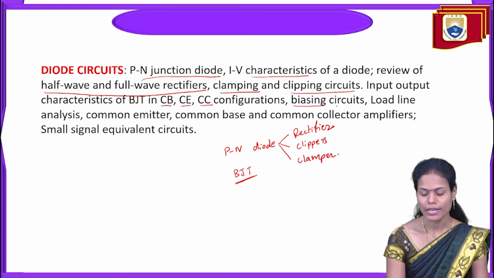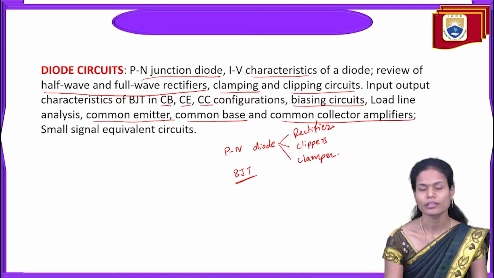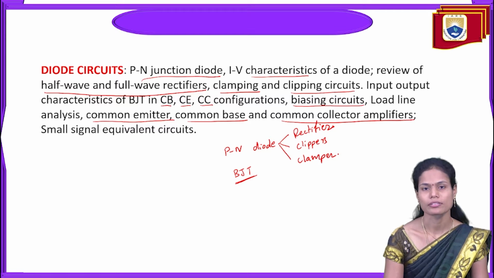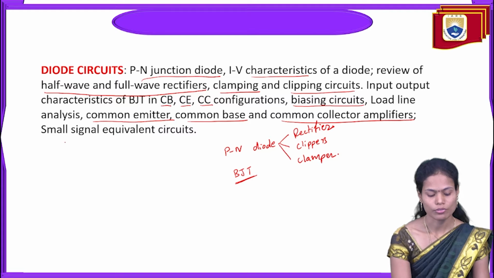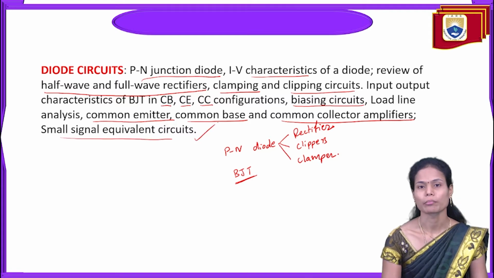About those biasing circuits we also discussed, and the load line analysis of the bipolar transistor also we have discussed, and all three configurations of the transistor we can utilize for amplification. So the common emitter, common base, and common collector amplifiers also we have discussed. And in order to analyze the bipolar junction transistor circuits, the small signal analysis or hybrid analysis of the amplifiers is required. That will also be discussed in this particular module.